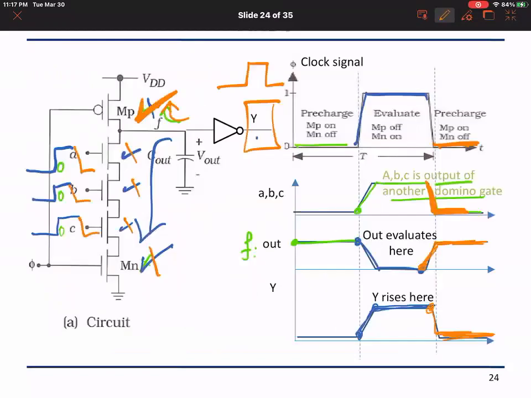Now let us take another example. In the same example, if B does not rise, then there will never be a path for the evaluate cycle to evaluate.